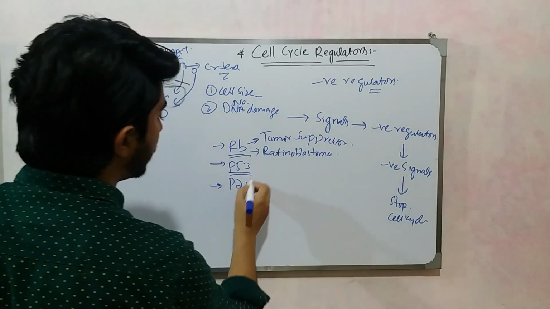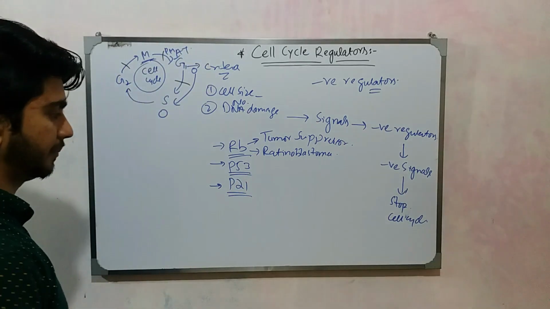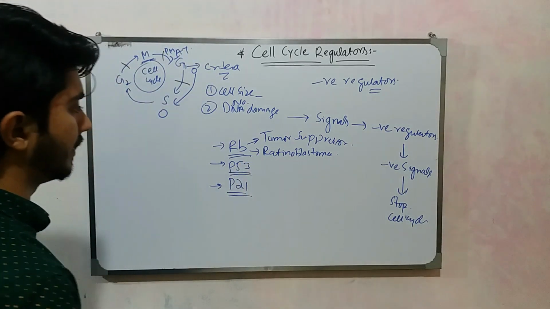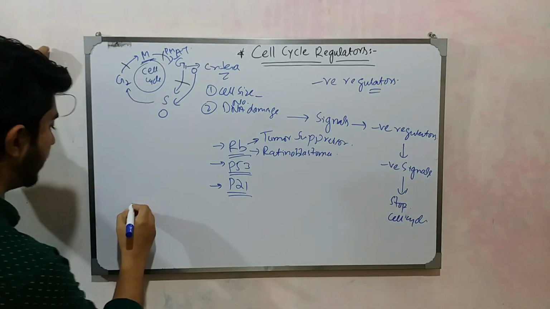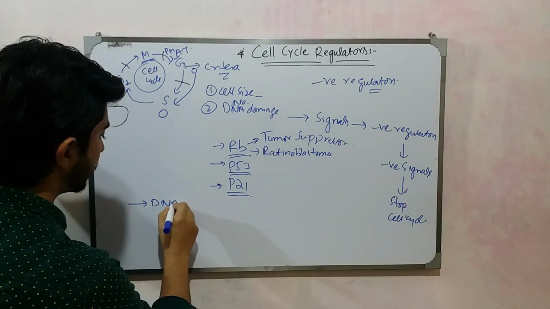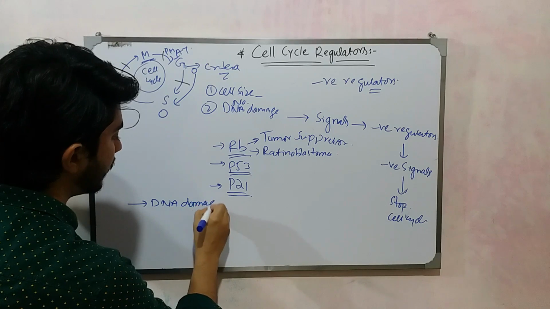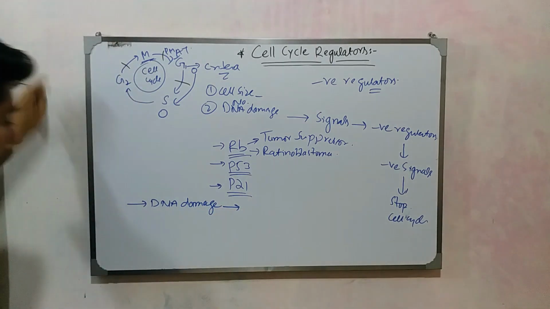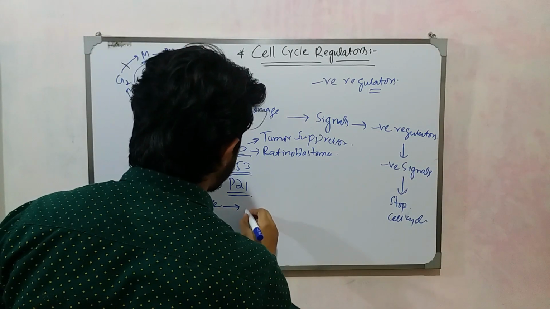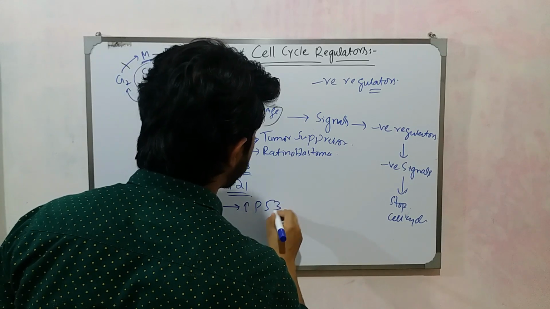P53 and P21 also work. How do they work? Let's see. If there is DNA damage, which may be due to ultraviolet rays, this will cause the activation of P53.